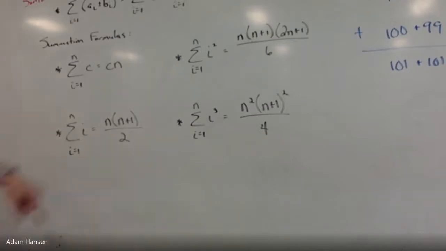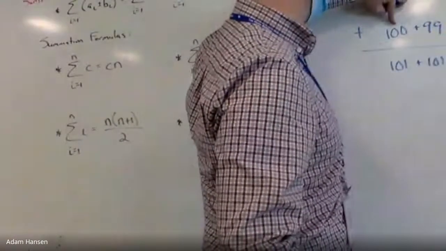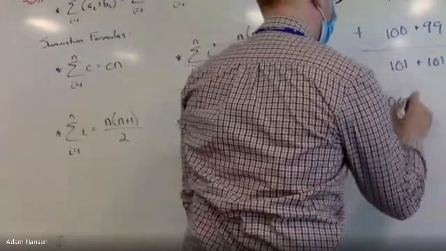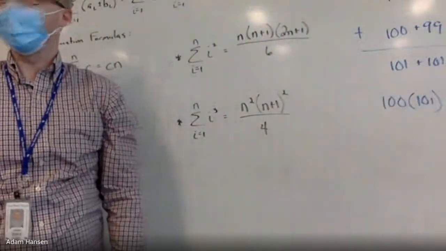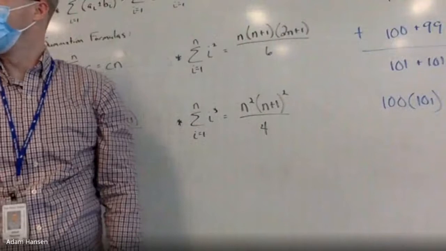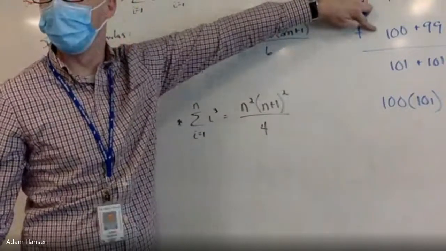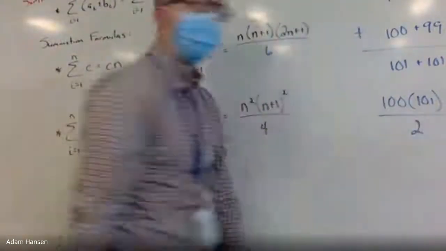So what I've done so far is I've taken one sequence from 1 to 100 and one sequence from 100 down to 1. I have 100 101s altogether, right? But isn't that twice as big as it should have been? Because I did one sequence and then added on the same thing again. I want just one of those sequences, so let's just cut that in half.